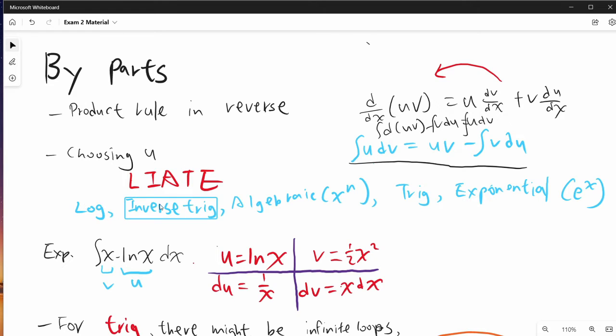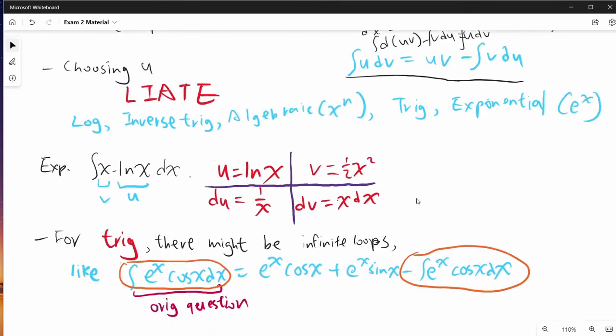It's log, inverse trig, algebraic, like x to the n, x to the second, x to the fourth, and then trig, cosine, sine, tangent, all those, and exponentials. So you go down the list. If you have, let's say, two parts of an integration, one is log and one is trig, then you want to pick the log part as your u, and the trig part would then be the dv.